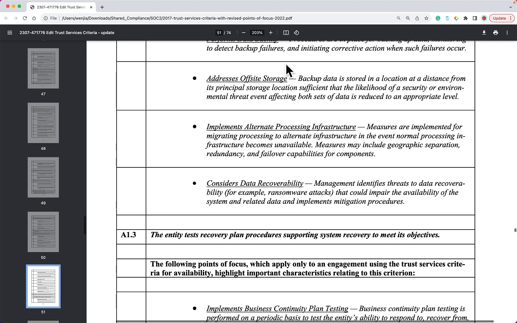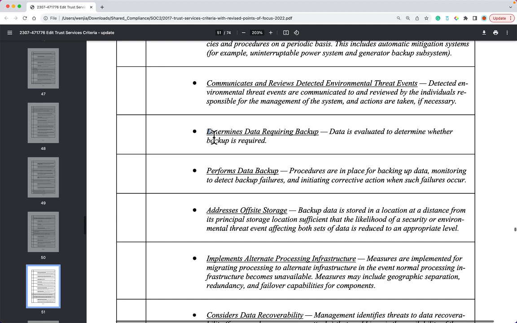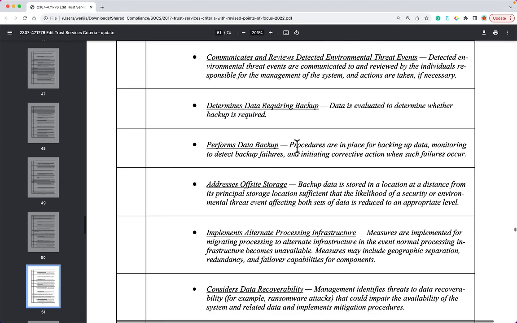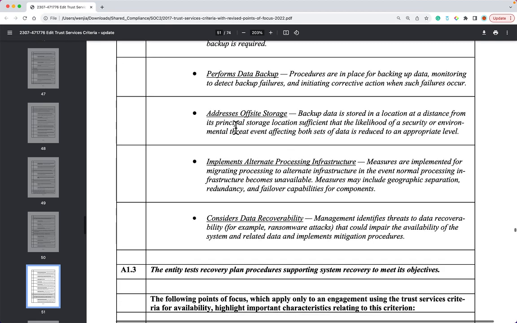Some core system. So in the step of determining data requiring backup, we need to know that part of data. We have to have a backup locally. So even if we are facing challenges with internet connection, we can access some very important sites, some systems. So address offsite storage.